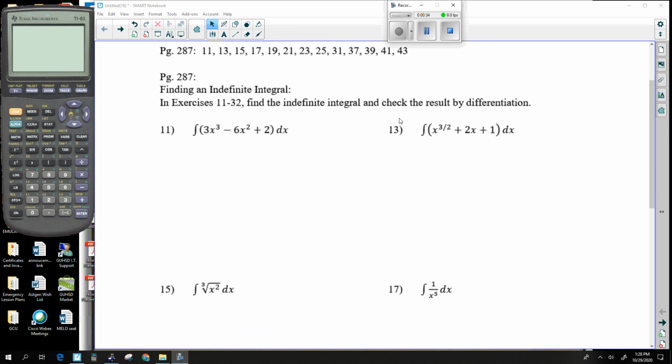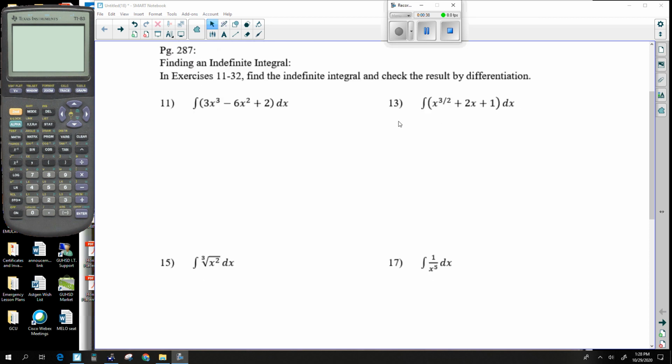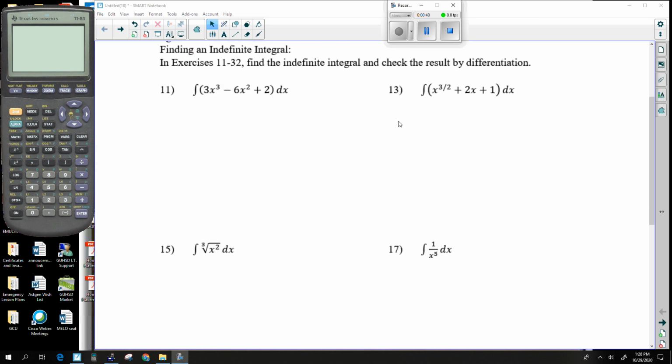Learn all the little tricks and tips on getting these problems. So here we start off easy peasy, just finding an indefinite integral. All we do is integrate. For instance, x to the fourth, divide. X to the third, divide. And then this gets an x.